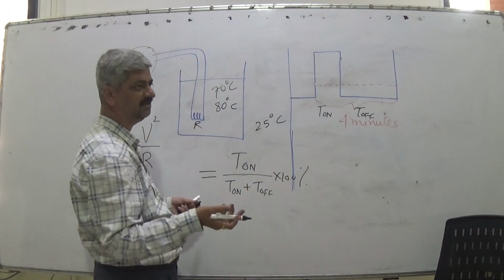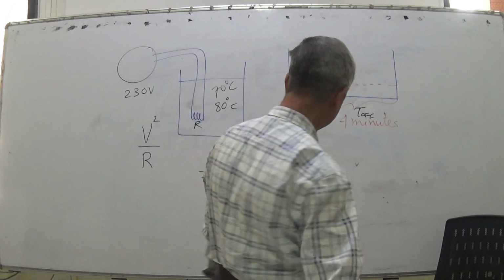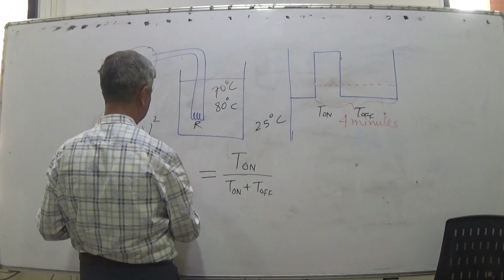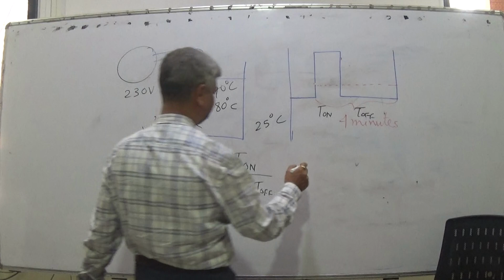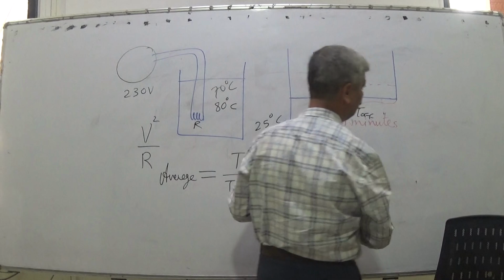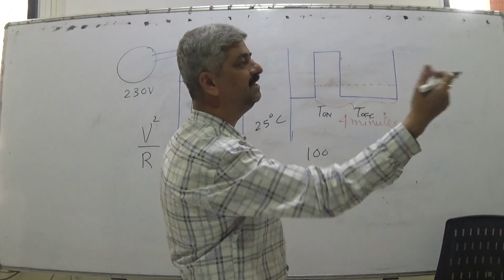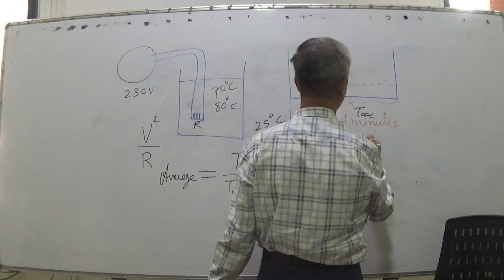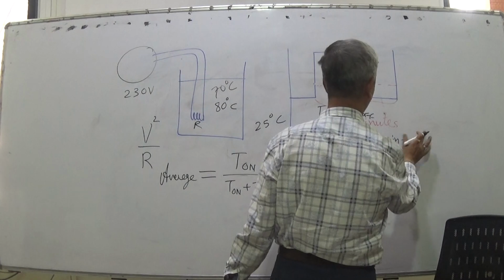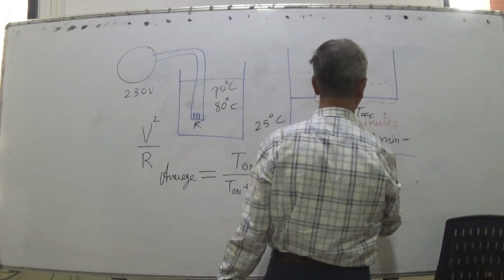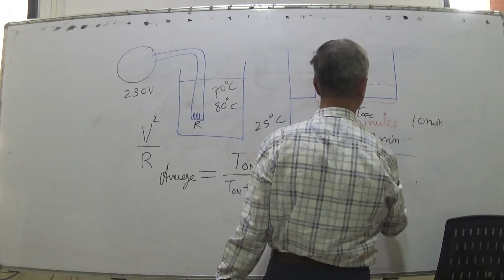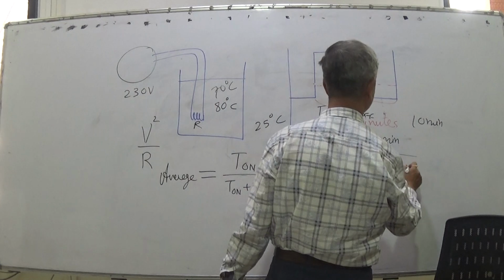That is the percentage duty cycle. So if full is 100 and I want to supply 17, I keep it on for 1.7 minutes and off for 8.3 minutes, in a 10-minute window.